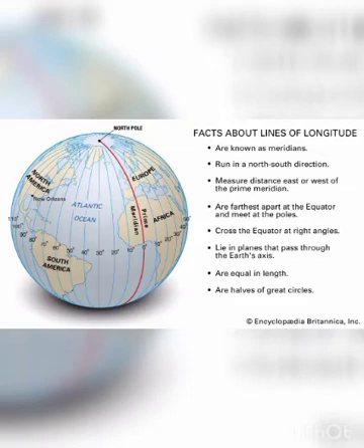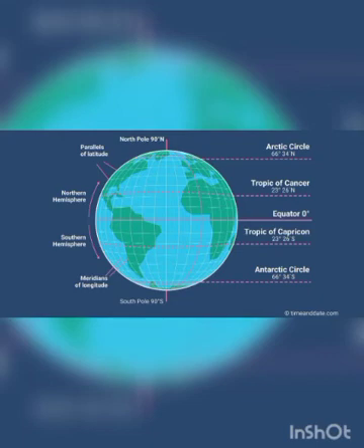The equator is numbered as 0 degree. The other latitudes are numbered from 1 degree to 90 degree, north or south, depending on which hemisphere they are in. Okay, can you understand? Can you remember it?